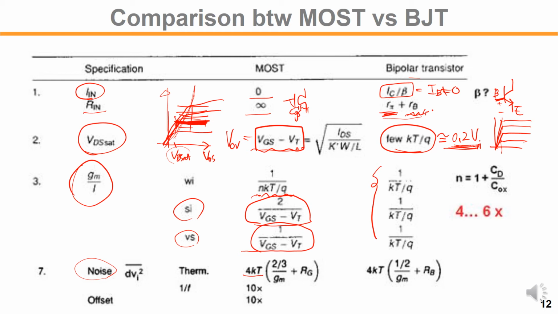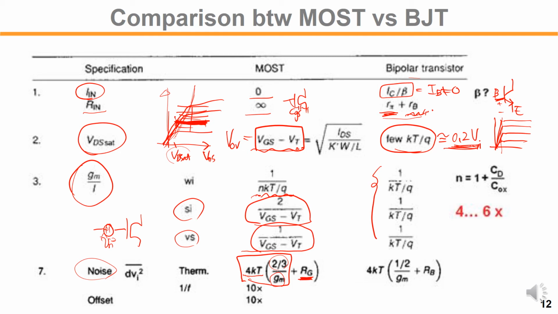So this noise voltage is modeled on the input side. So noise spectral density power is 4kT times 2/3 over gm. This is a typical noise equation.